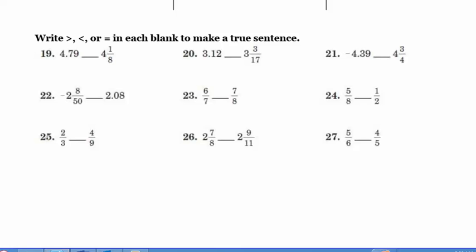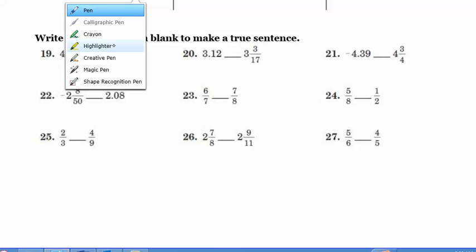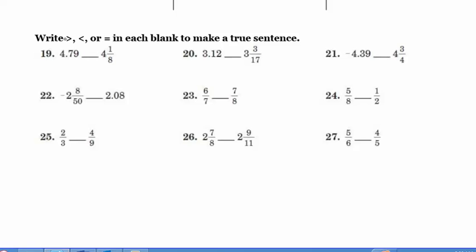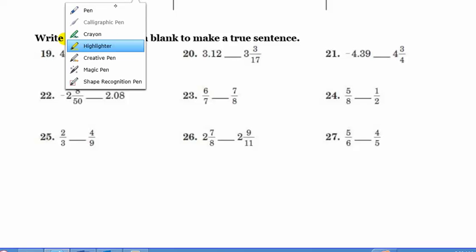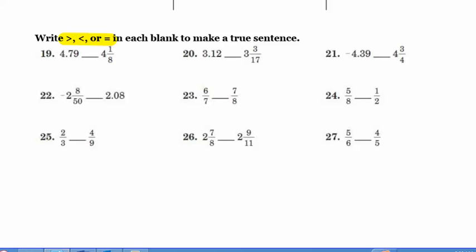So we're asked to write greater than, less than, or equal to in each blank to make a true sentence. So here we have a mixture of fractions and decimals, so we have to level the playing field here. Now since we've been converting fractions to decimals, we're going to convert the fractions to decimals to compare.